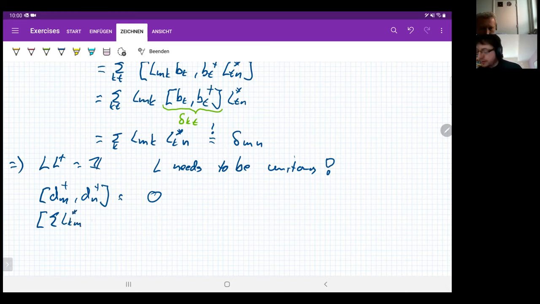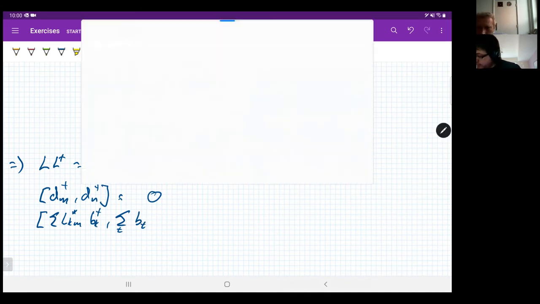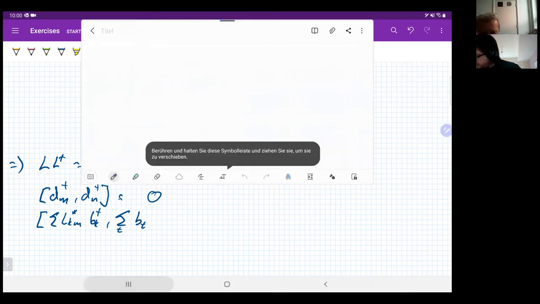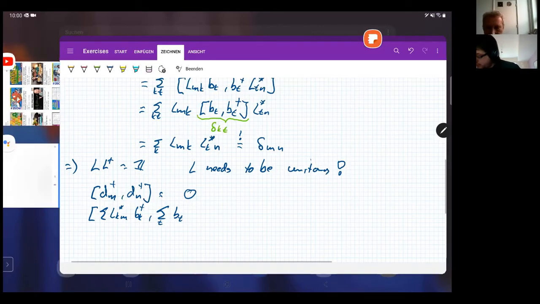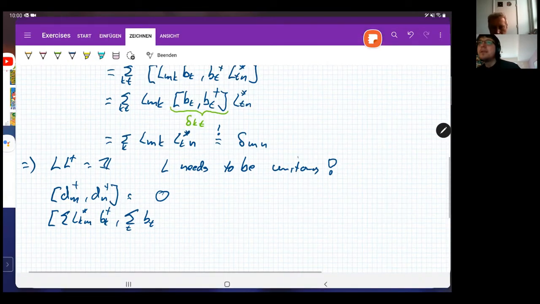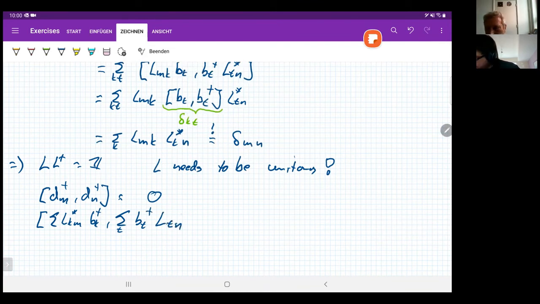D_M, d_K dagger, sorry, did this in the correct order, which needs to be 0.